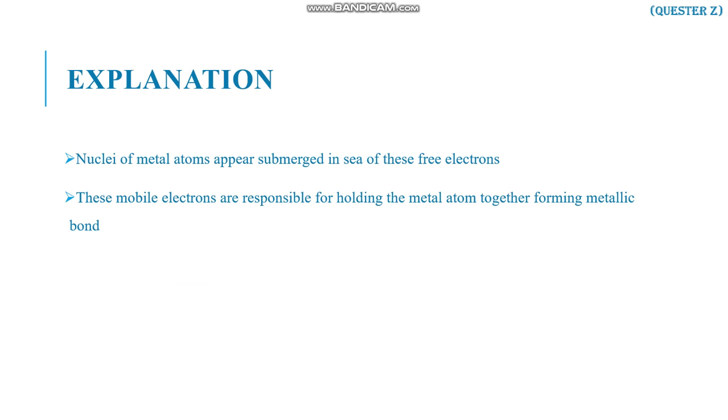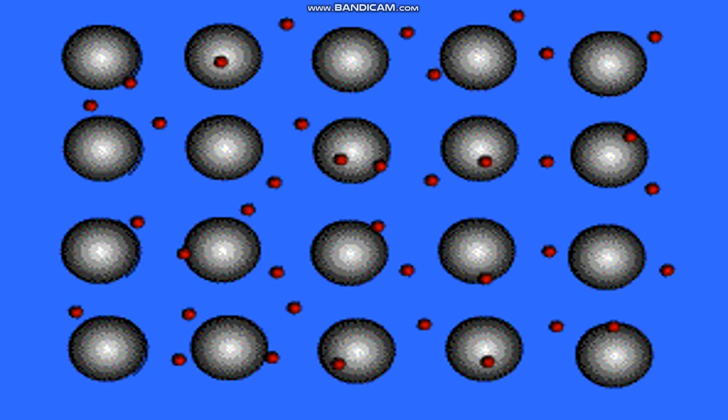Nuclei of metal atoms appear submerged in a sea of these free electrons, because the electrons are always floating or moving here and there. These electrons are responsible for holding the metal atoms together, forming metallic bonds. Because they are always in a state of motion, they combine with other atoms more efficiently and form a bond, that is the metallic bond.